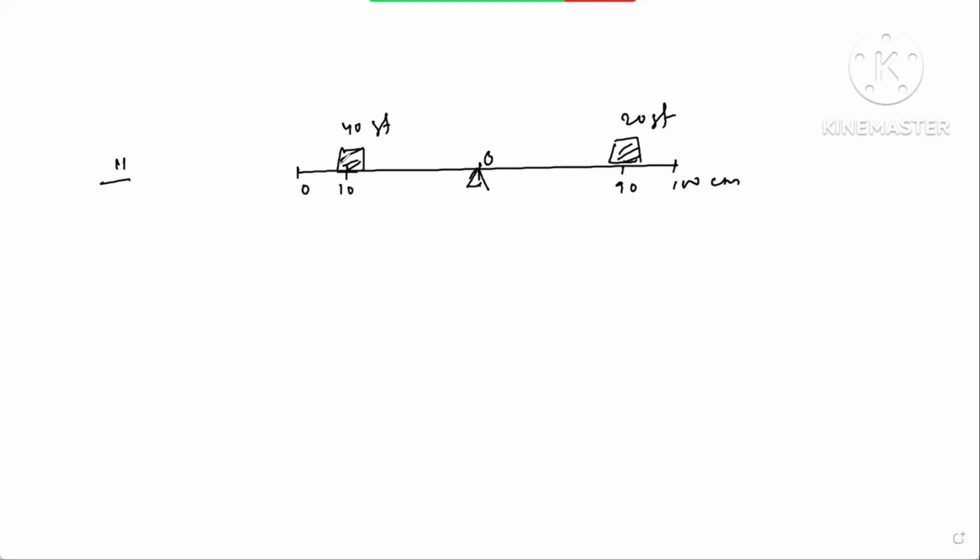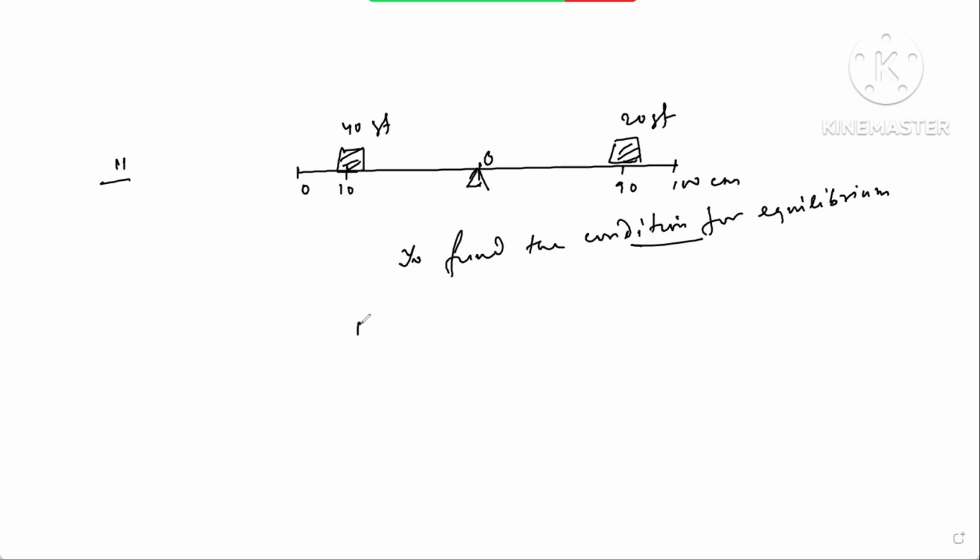Okay. So now, first the question is: is the meter rule in equilibrium? To find the condition for equilibrium, what we have to find is whether the total clockwise moment and the total anti-clockwise moment balance each other.